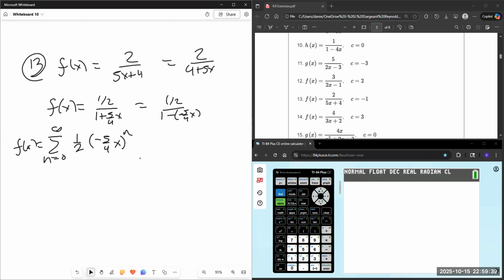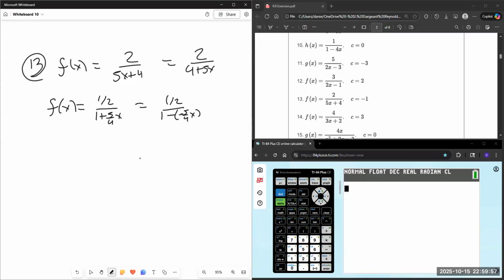Now they want me to center that at -1, so let me go back and fix this here. If I'm centering at -1, I need x plus 1 to show up in the problem.